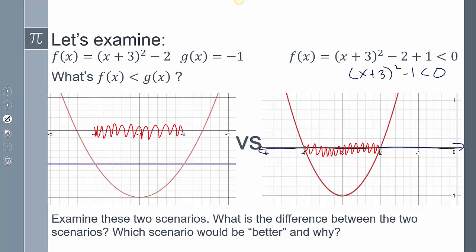And that's something to really kind of think about here. Because one thing that we're going to be doing is instead of just comparing functions, we're going to be comparing it to 0. Now the reason why we want to compare it to 0 is because if we look at a number line and 0's in the middle, we're able to perfectly divide out negative numbers from positive numbers.